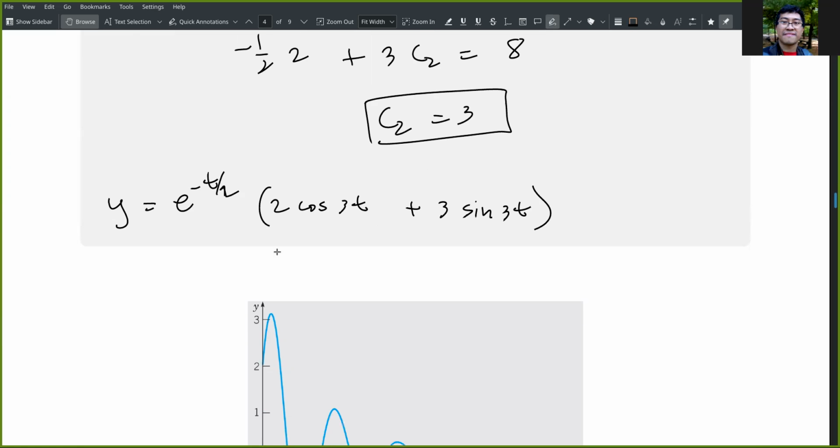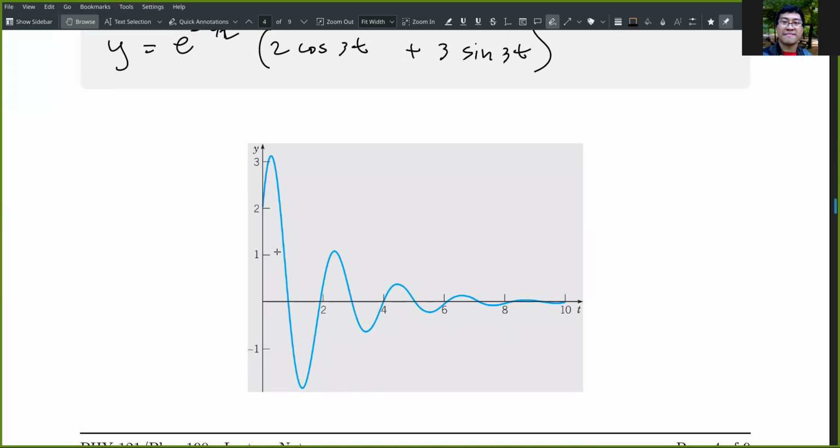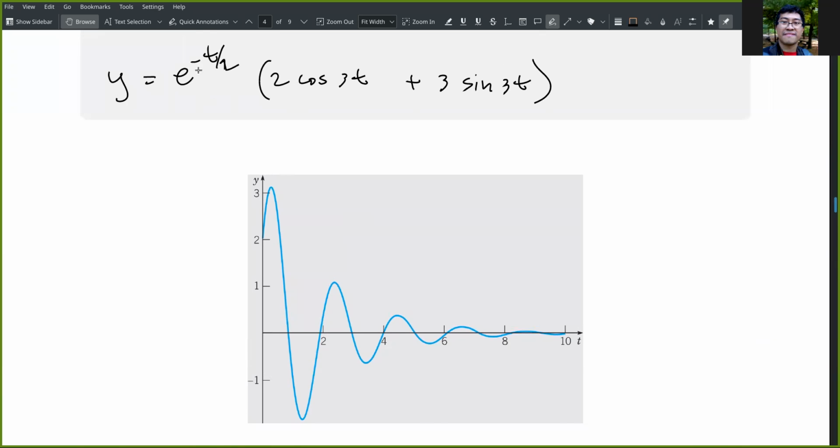And if you make a plot, the plot would look like this. There's a decaying oscillation, exponentially decaying due to this term here.